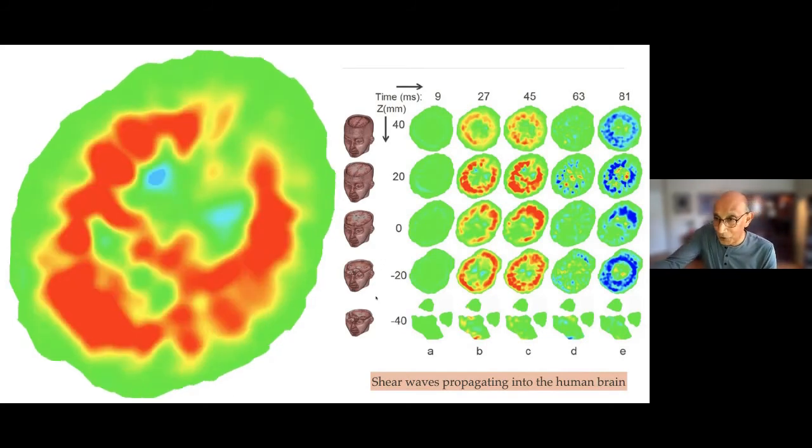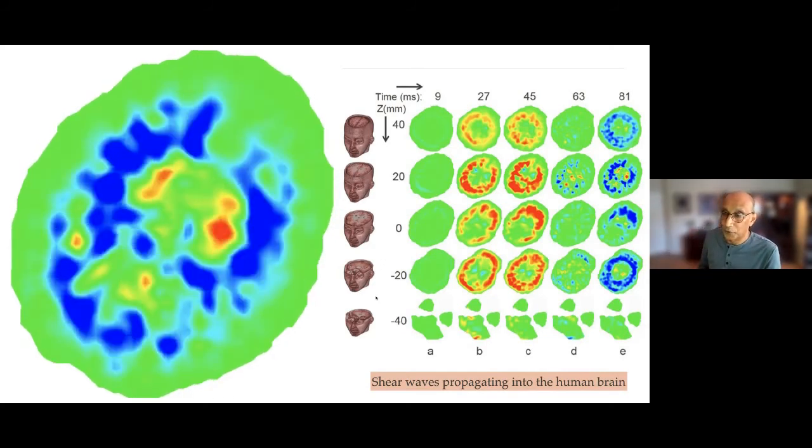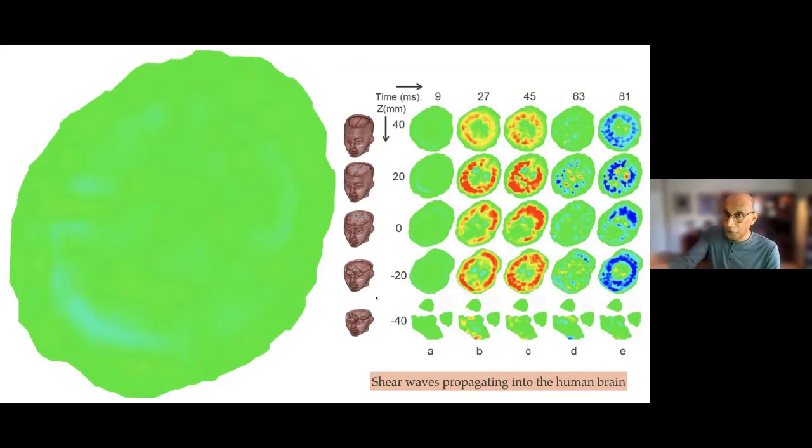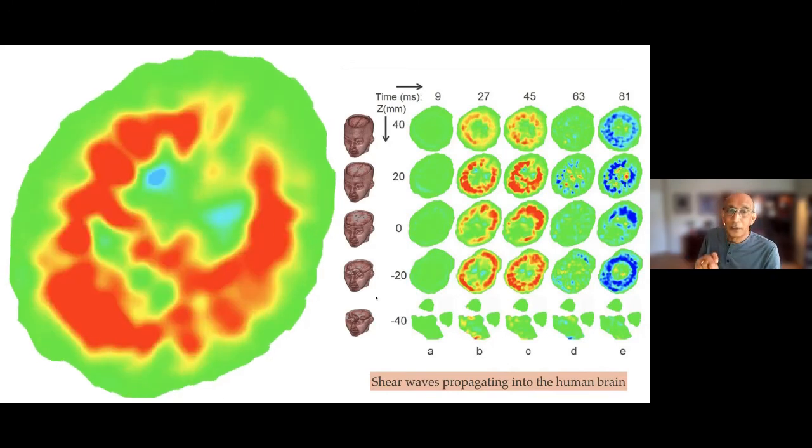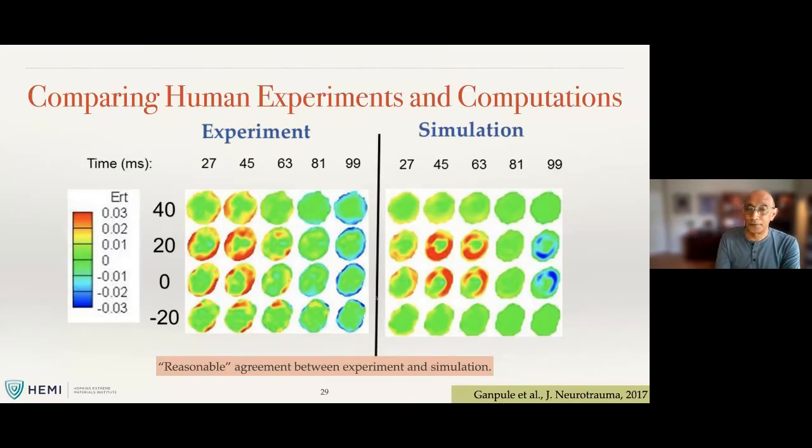Then you can see the images that we have for each section from the simulations on the right. So this is all simulations, but we can compare that to experiment. Here are some experiments on the left and simulations on the right. This is looking at the radial transverse strain, one particular strain component. We're looking at different amplitudes for different times.